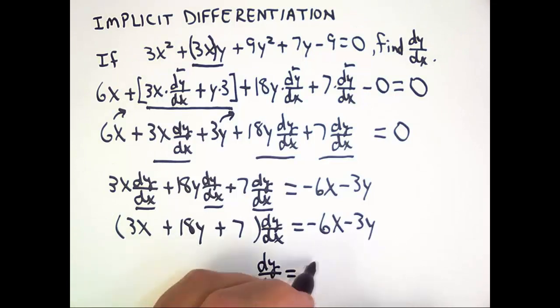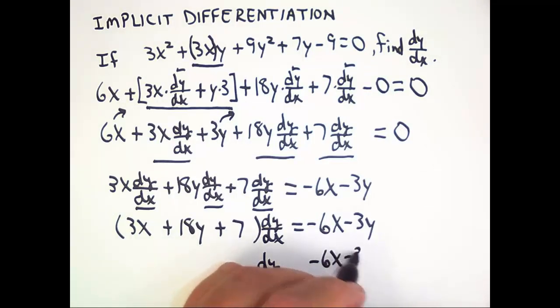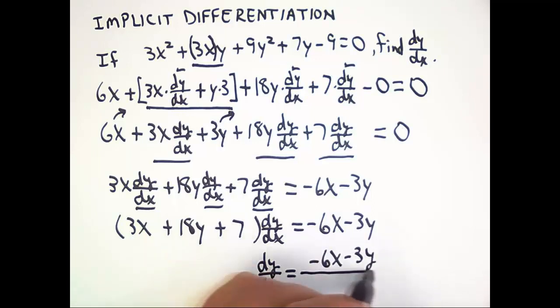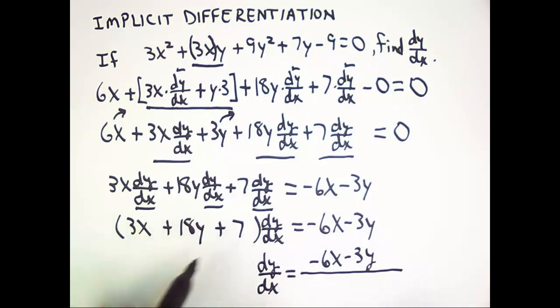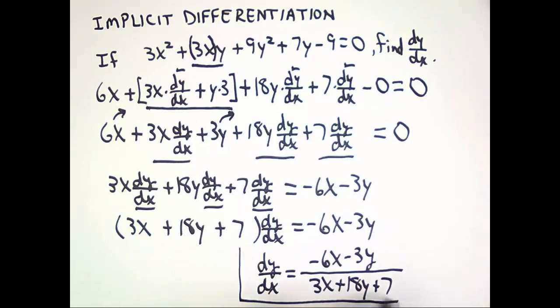So dy over dx is minus 6x minus 3y divided by this factor, 3x plus 18y plus 7. So now I've found dy over dx for that problem. Let's keep going.